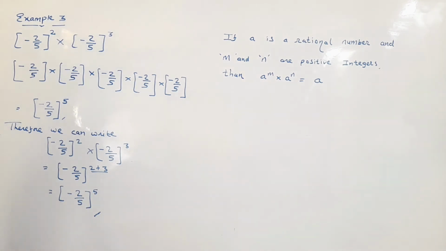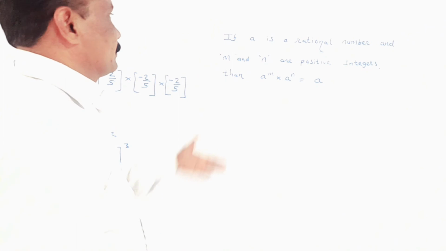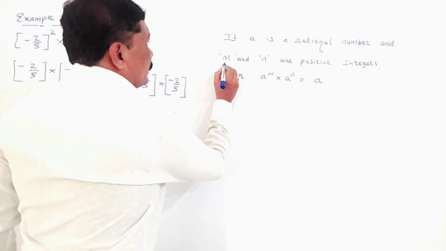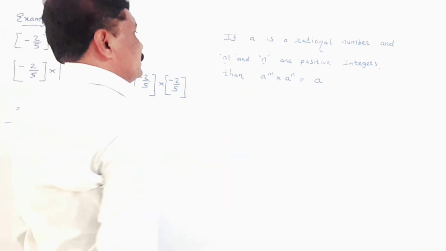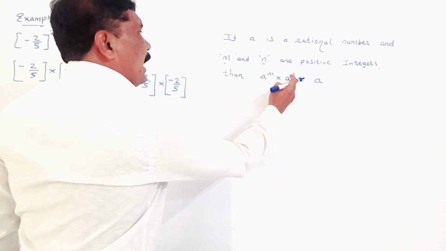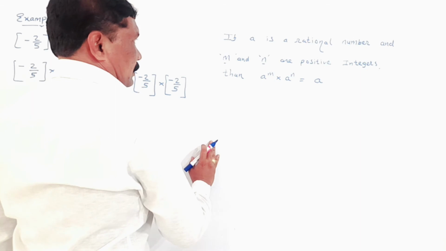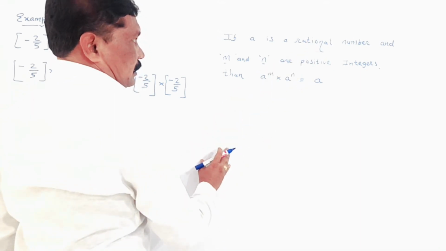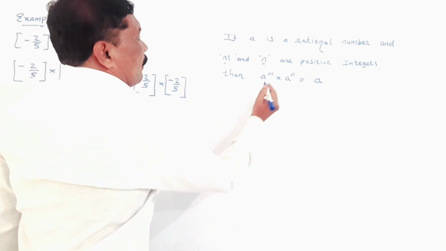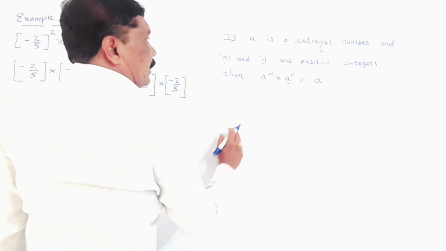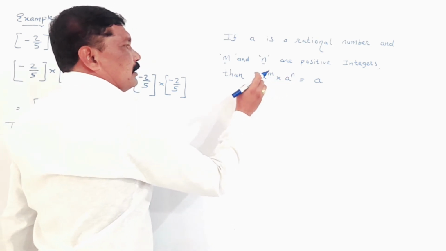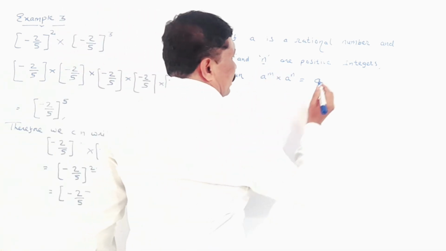Then we can come to a conclusion. If a is a rational number and its indices, m and n, are positive integers, and the indices have the same base and are multiplied, we can add the index numbers.